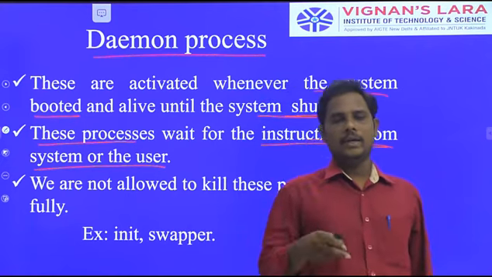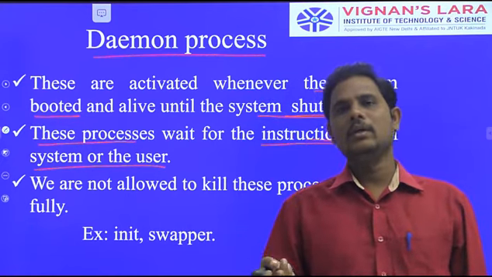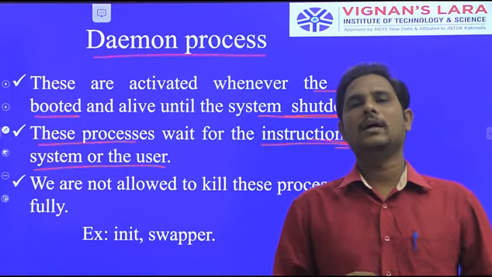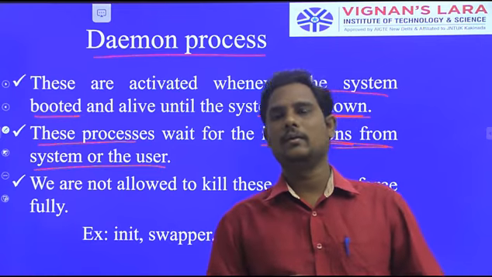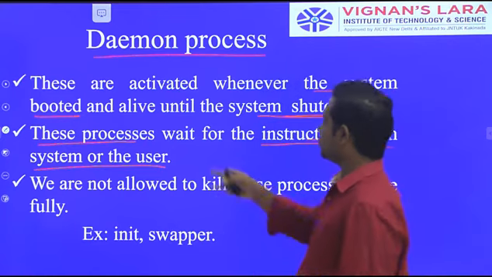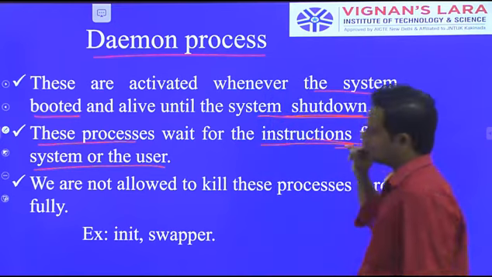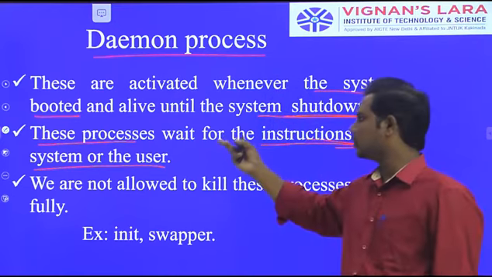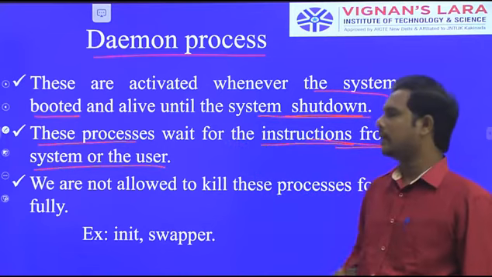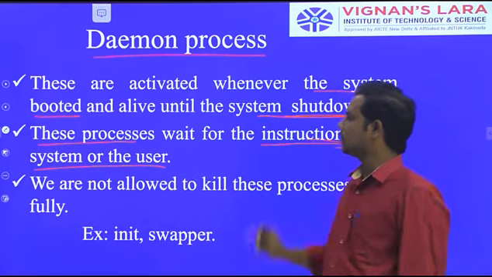Why? We give the input to the particular process, and then only the process will be processed and executed. That's why the daemon process waits for the instruction, because we take the instruction from the user or system.